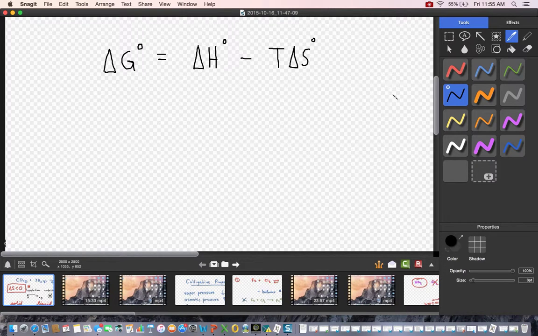Now, delta H and delta S have 4 different combinations that are possible. One combination is that both the delta H and the delta S are positive.